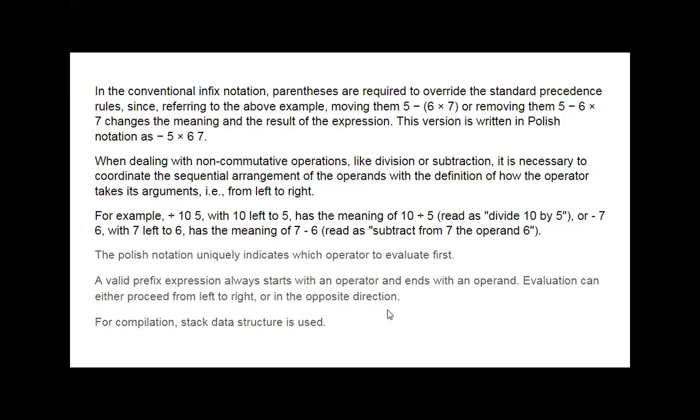Okay, then evaluation can either proceed from left to right or in the opposite direction. In the opposite direction it can also be processed, but generally we go like this: minus 5 into 6, 7.